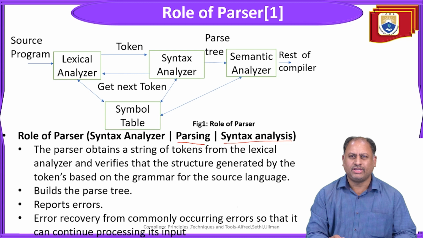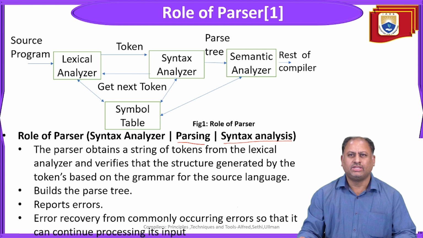Else, if there are any errors, it also reports an error. The lexical analyzer releases the tokens, which are verified against the corresponding token structure based on the grammar, and then the parse tree is built. That is the job of the syntax analyzer. Error recovery management handles the common error processing in between.